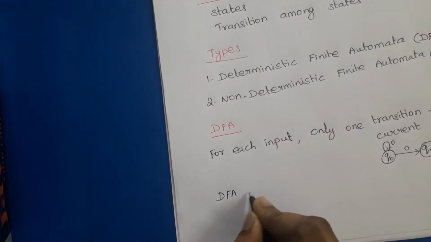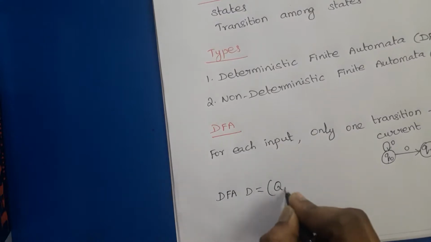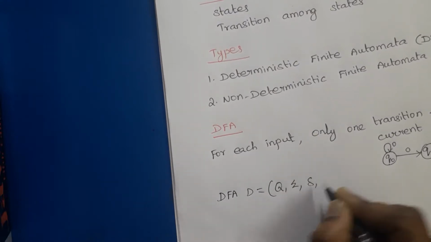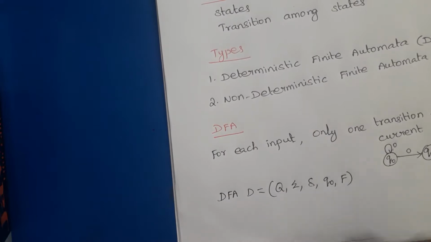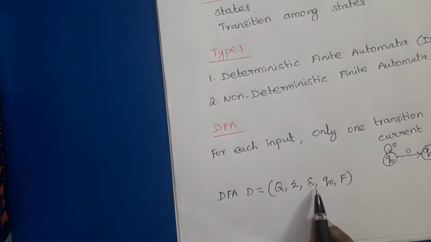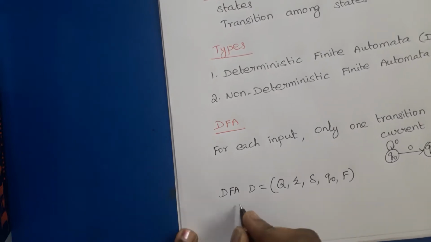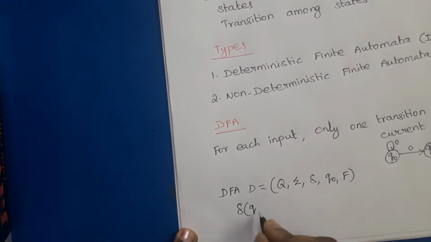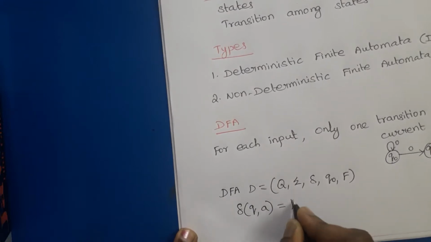So we can formally represent a DFA as D equals (Q, sigma, delta, Q0, F), where D is the name of the DFA, Q is a set of states of the DFA, sigma means input alphabet, and delta is a transition function. In a DFA, delta can be represented like this: delta(Q, A) equals P, where Q represents the current state, A is an input symbol and P is the next state.